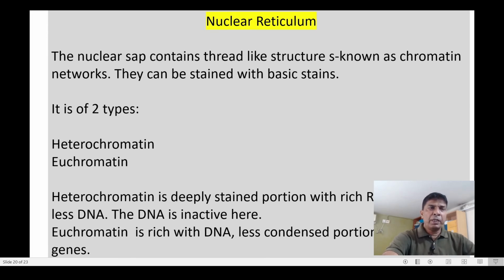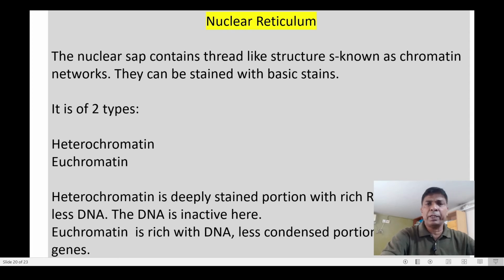Now these chromatin networks are of 2 types. These are heterochromatin and euchromatin. Now heterochromatin is a deeply stained portion with rich RNA and very little DNA. The DNA is inactive here, whereas the euchromatin is rich in DNA, is a less condensed portion, and has active genes.